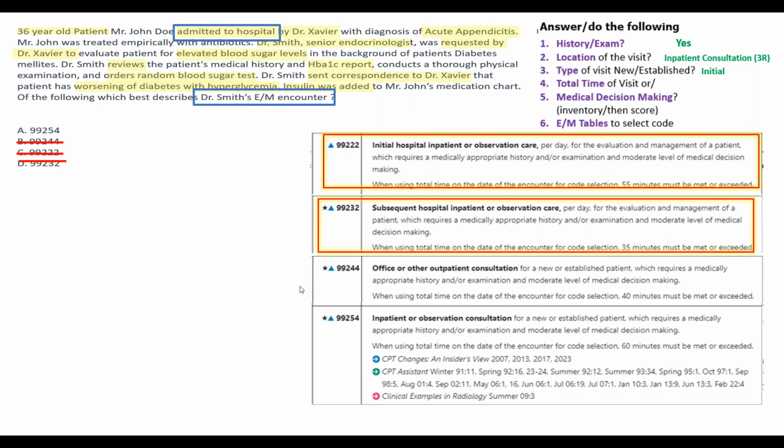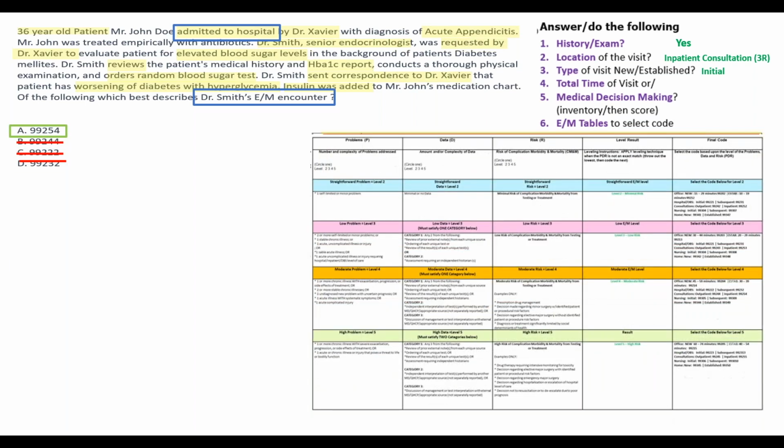Since the patient was admitted to the hospital, this is an inpatient consultation and not an office or outpatient consultation, so option B is also incorrect. That leaves us with option A, 99254, which is an inpatient or observation consultation for a new or established patient which requires a medically appropriate history, examination, and moderate level medical decision making. So 99254 is the correct answer.